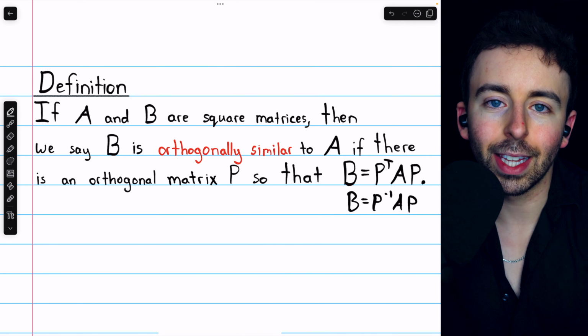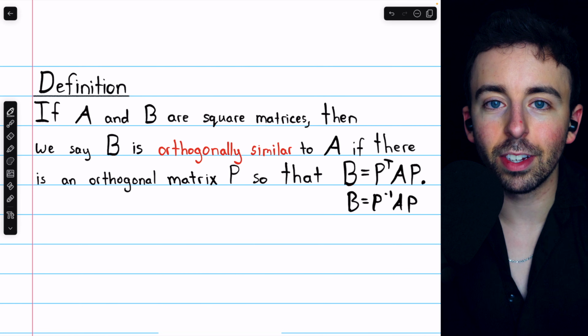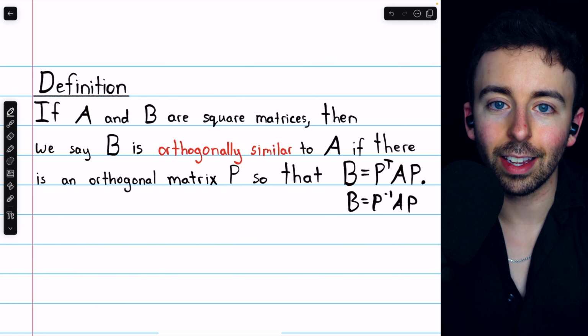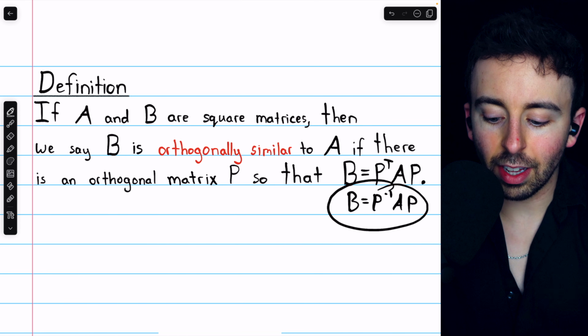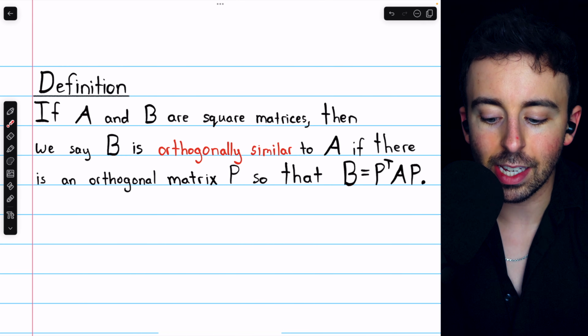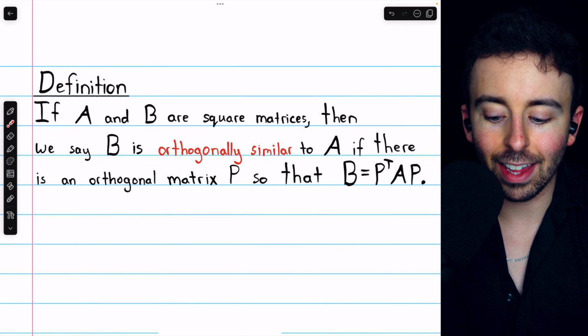Link in the description to my lesson covering orthogonal matrices, but we say a matrix is orthogonal if its inverse is its transpose. So this is just like normal similarity, except for an orthogonal matrix P, the equation can be written like this: P transpose times A times P.